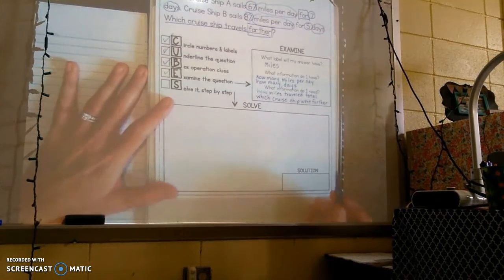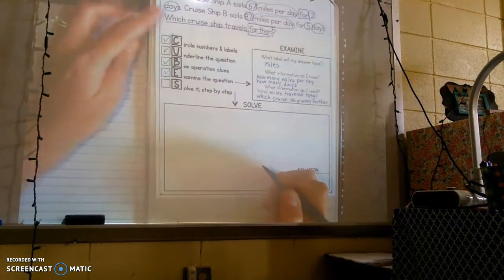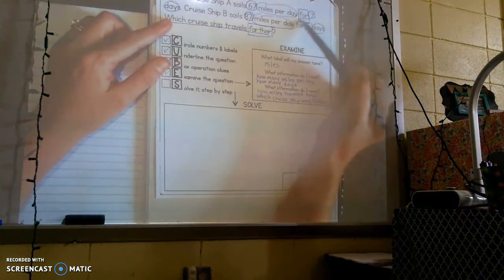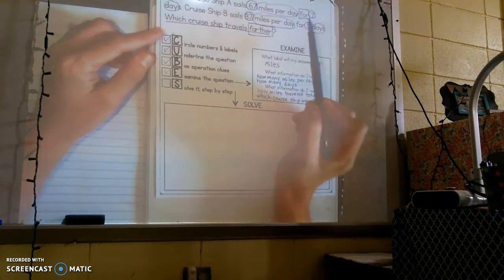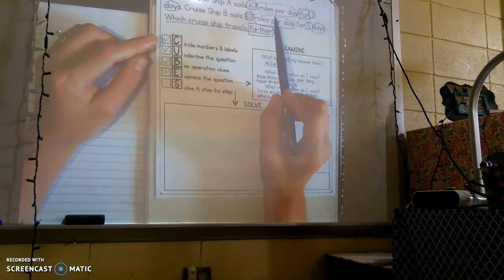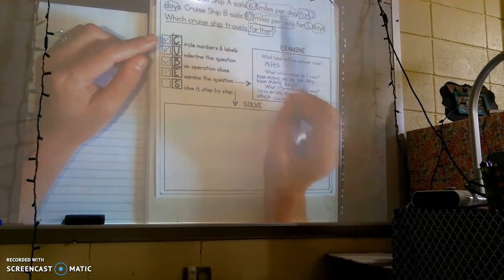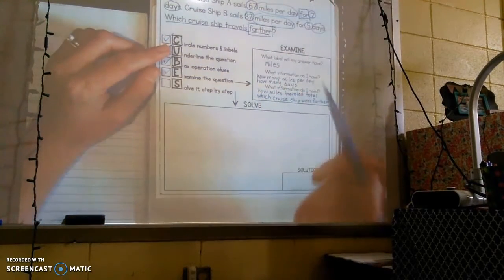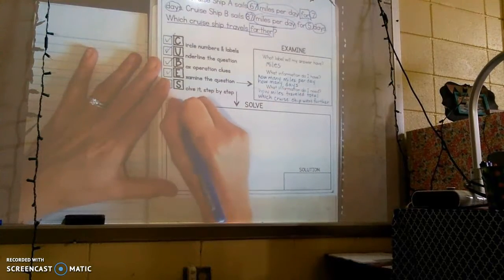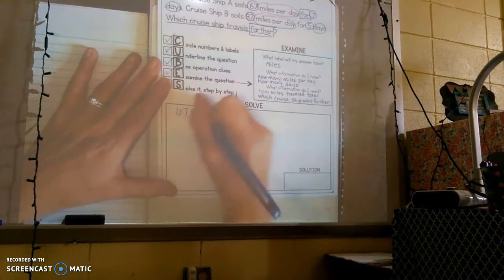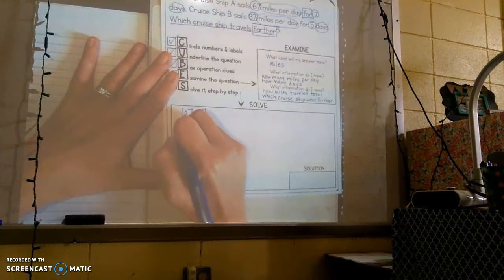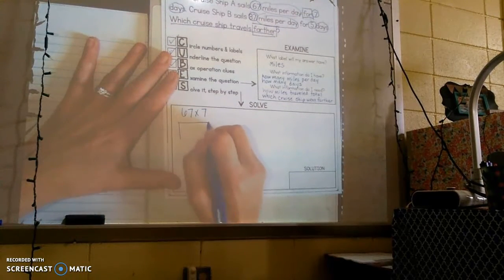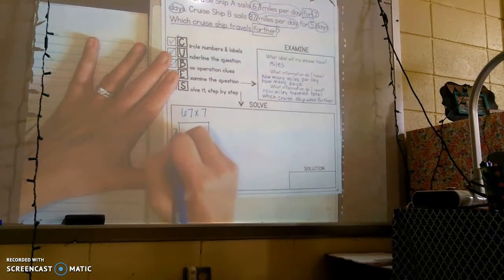So the first thing I'm going to do is I boxed in 4 here. So that's telling me that I need to multiply because I know how many miles they traveled each day and how many days they traveled. So I need to multiply the 67 times the 7. Okay, so I'm going to do a real quick little area model here.